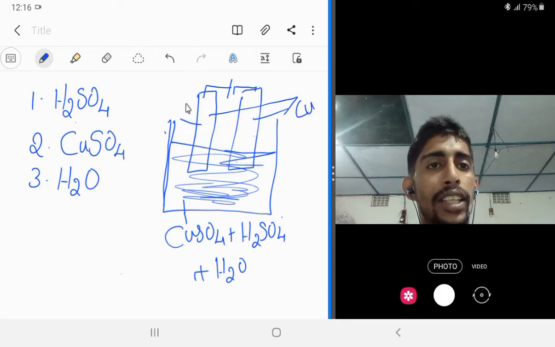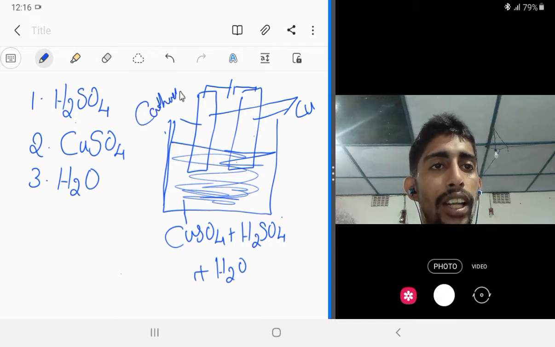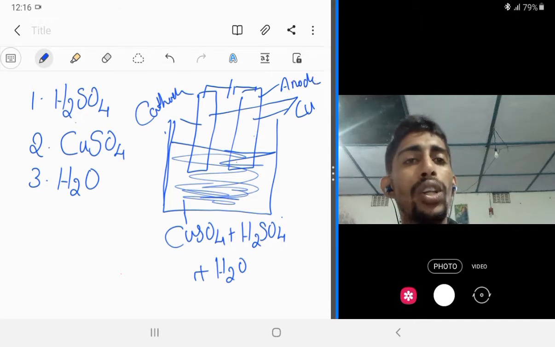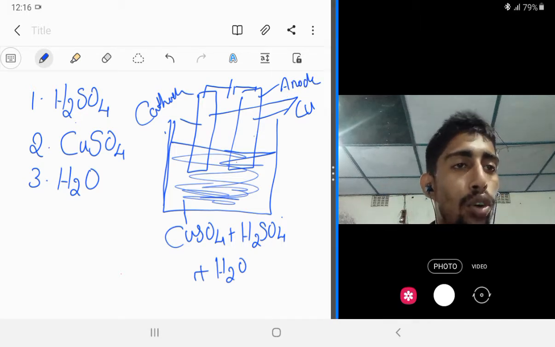Both the electrodes are made with copper, so we can take these as the cathode and anode. Copper is an active metal.